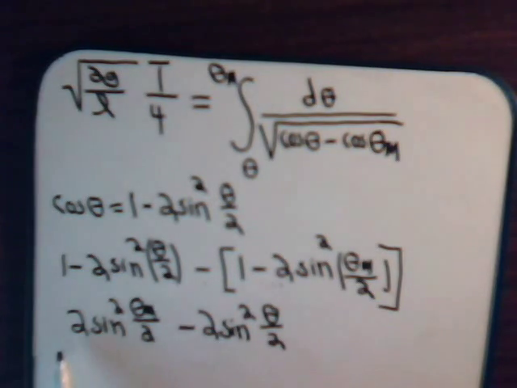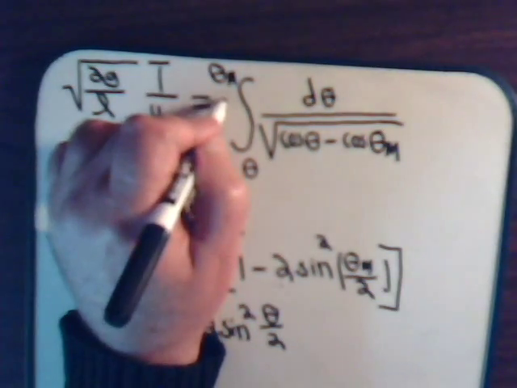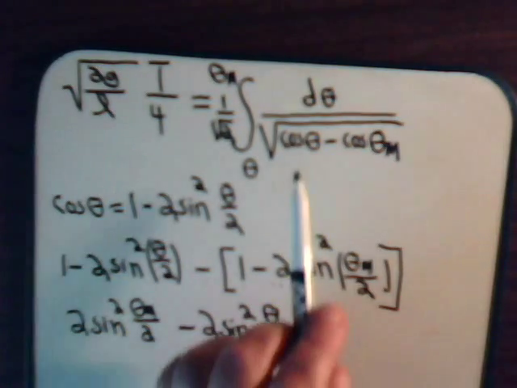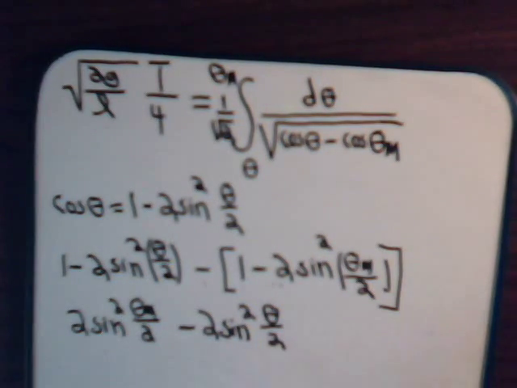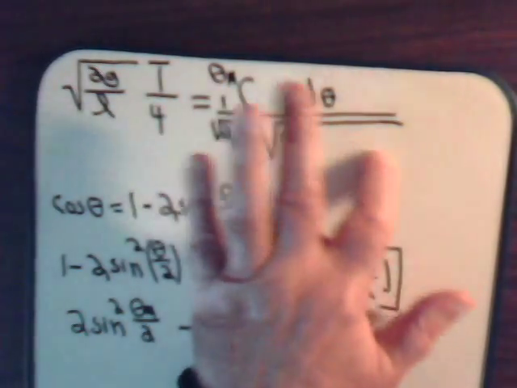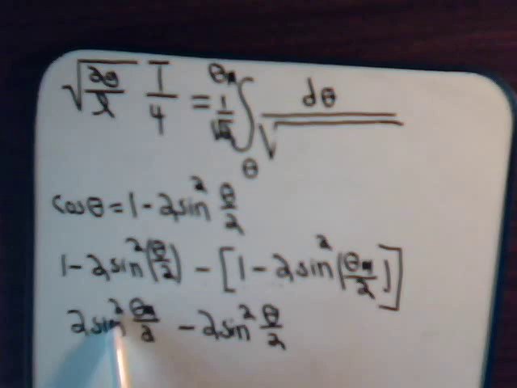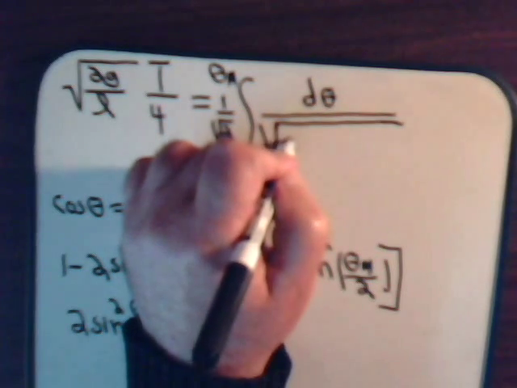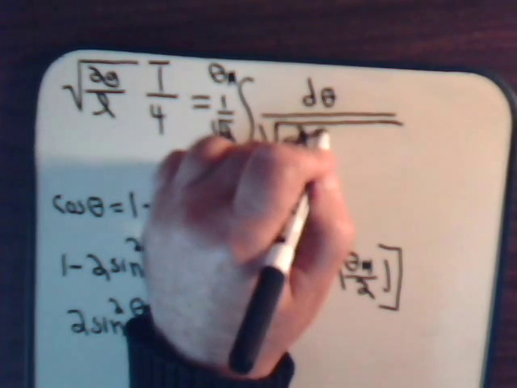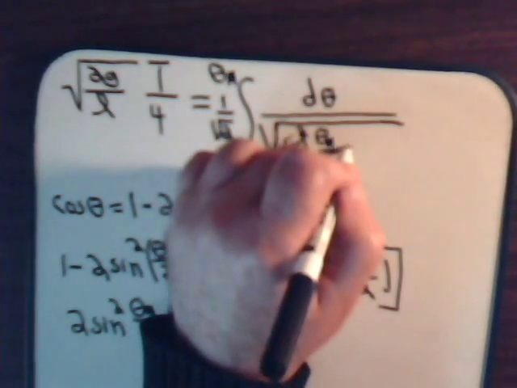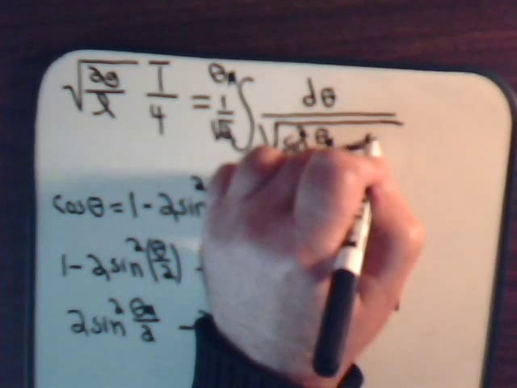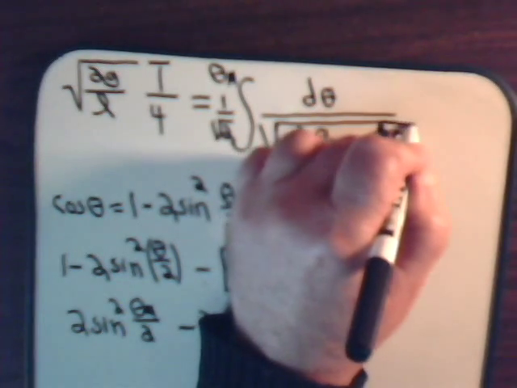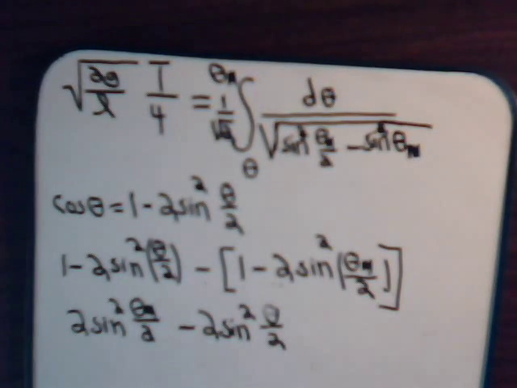We can factor it and take it to the outside, so then we'll have 1 over the square root of 2, and then inside of here we're going to have this minus this: sine squared theta m over 2 minus sine squared theta over 2. So our equation now looks like this.